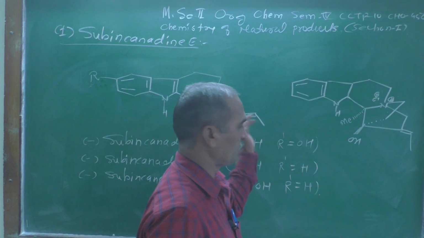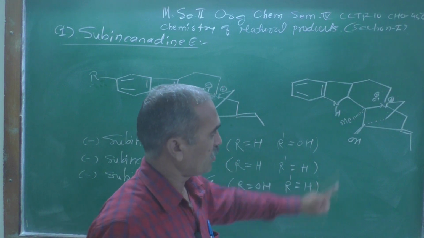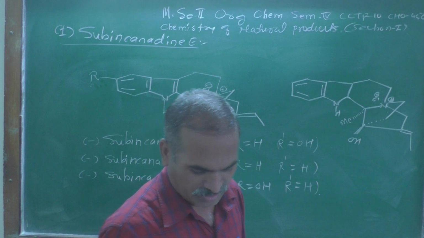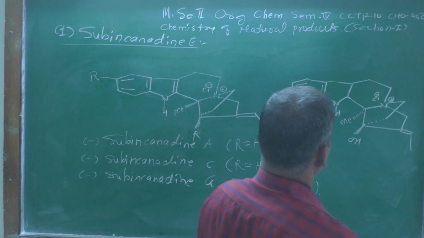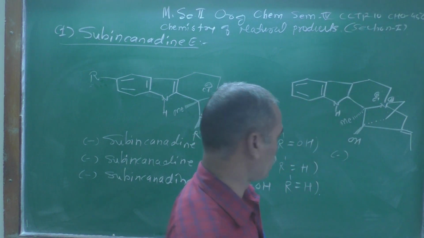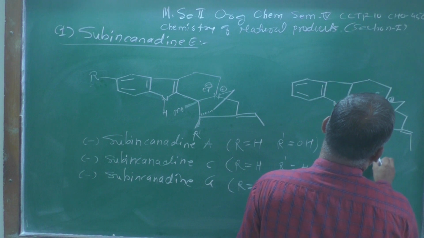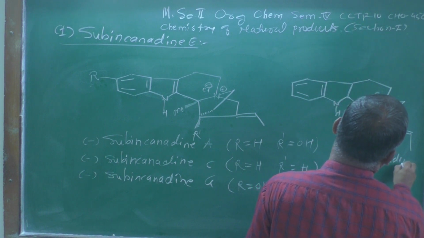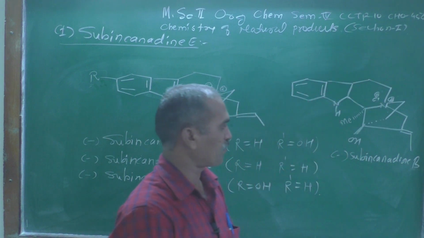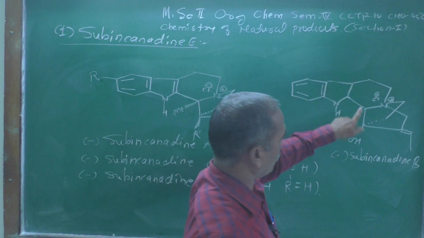Now this is also one of the structures, minus or plus, here also minus Subincanadine B. Look at here, this is the structure of Subincanadine B. What is the minor change over here?